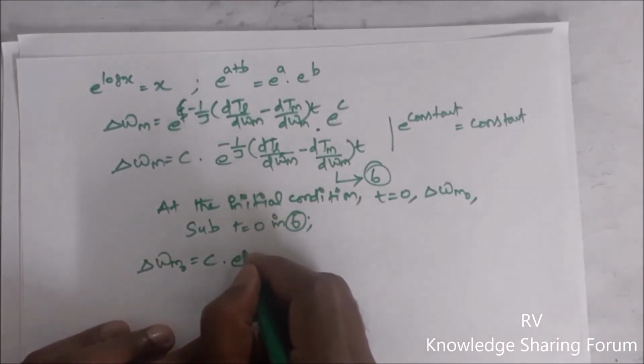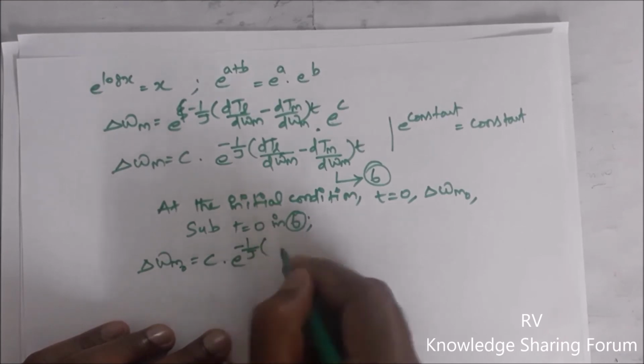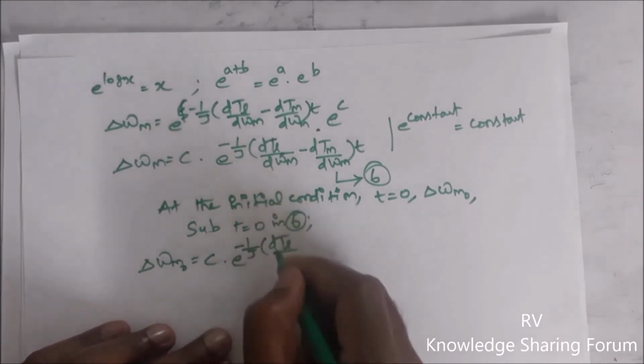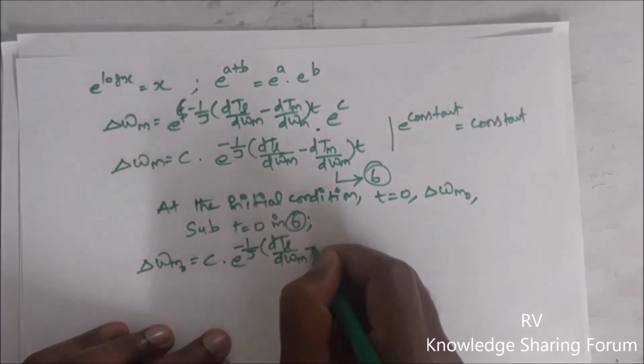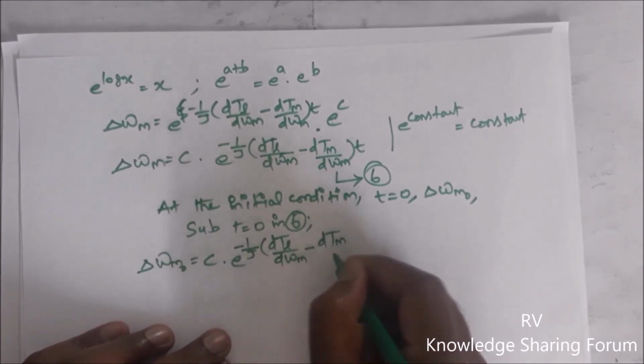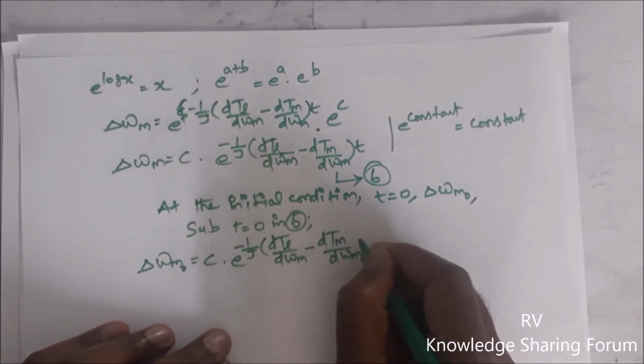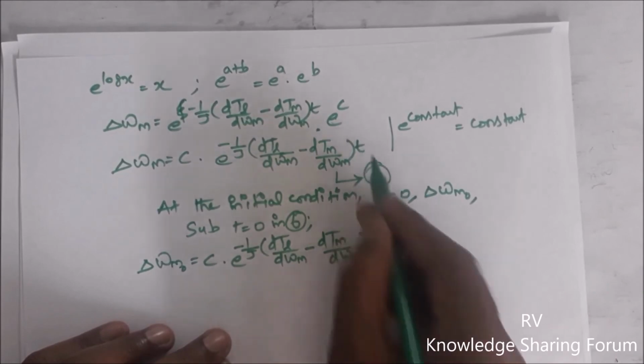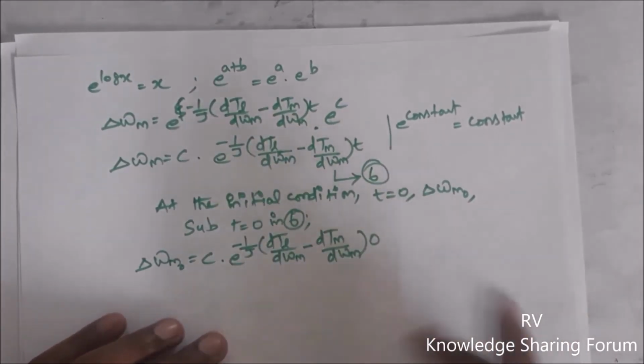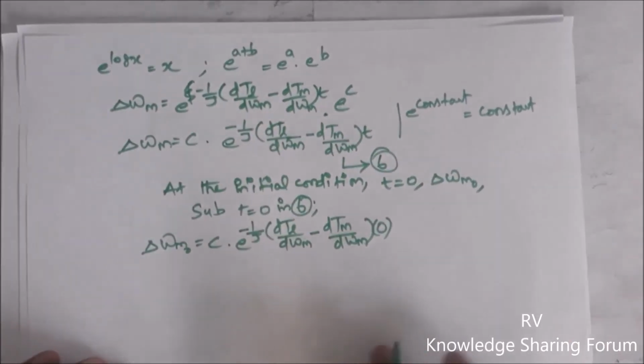Sorry for the inconvenience. Now e to the power of minus 1 by j dtl by d omega m minus dtm by d omega m, and here t has to be substituted as 0 since we are trying to find the initial condition, into 0.